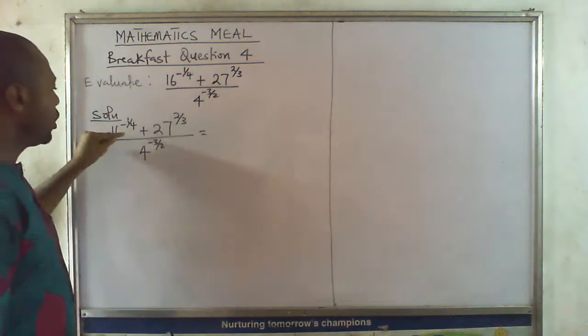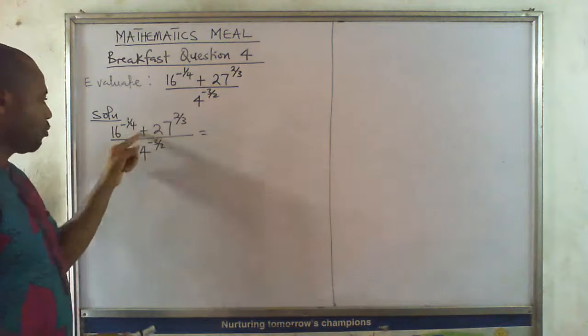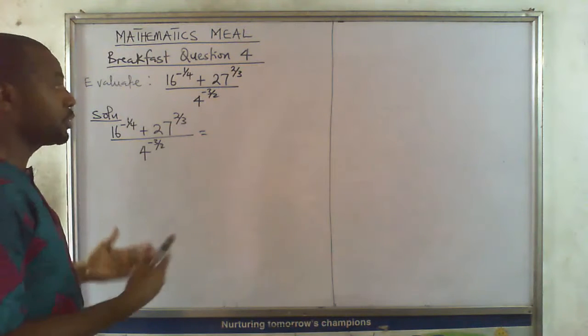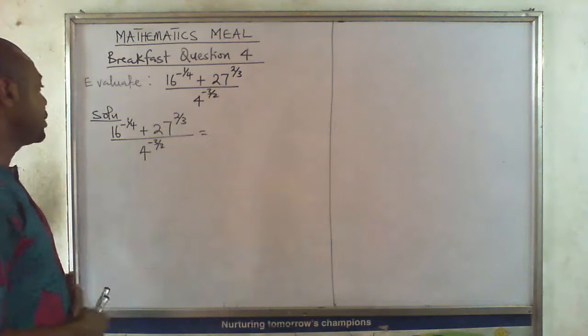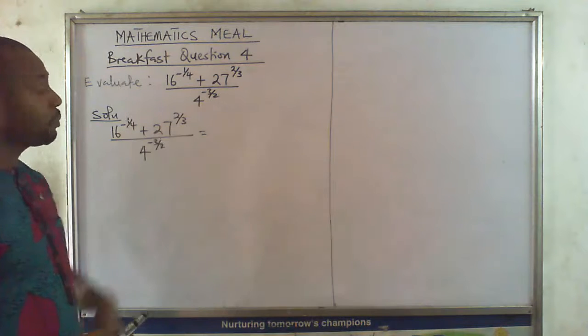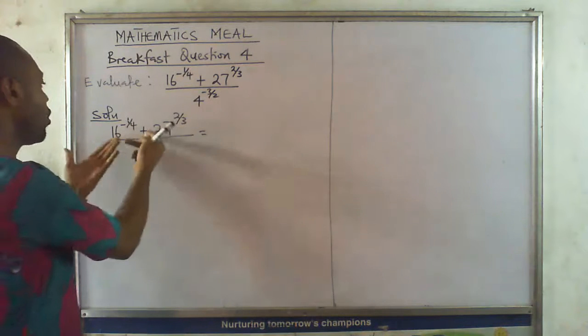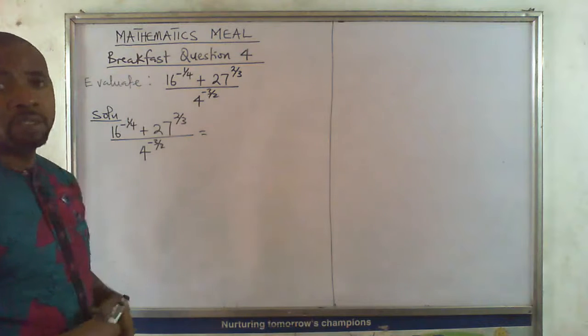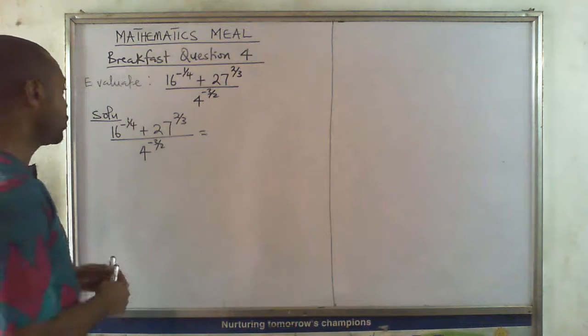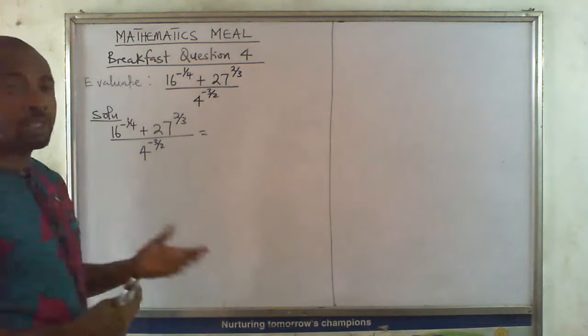Now, we cannot actually combine these two because of the addition. You don't add indicial terms, except those terms are the same. So here, we have 16 raised to the power of minus 1 over 4, and 27 raised to the power of 2 over 3. There is no law of adding numbers that are indicial terms. We have the law of multiplication and division.